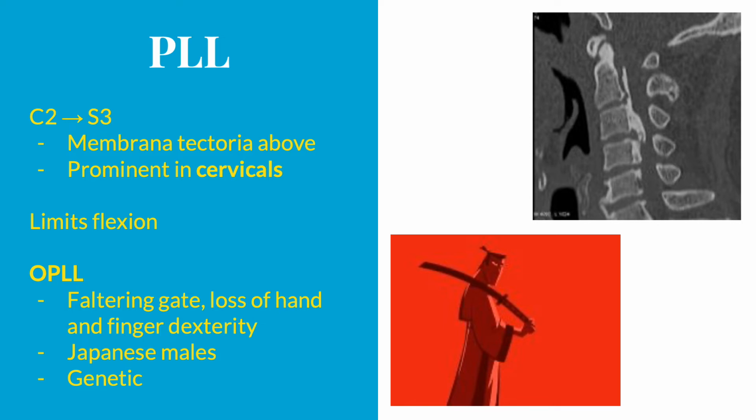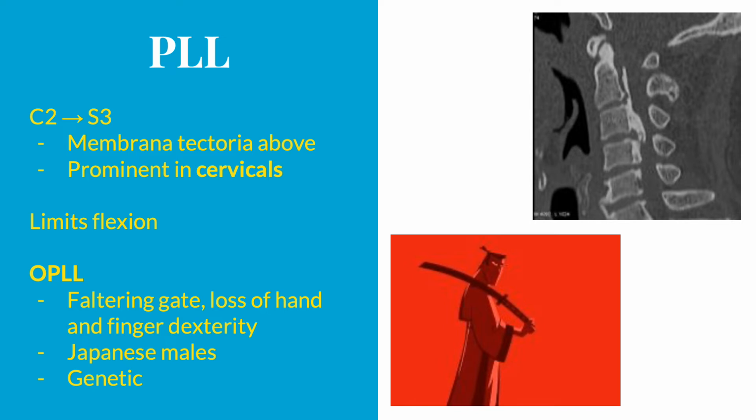So you will talk a lot about DISH and OPLL in your imaging classes, and I've been told it comes up a lot on boards because they won't give you anything that looks as dramatic as the one that I'm showing on the CT on the top right.